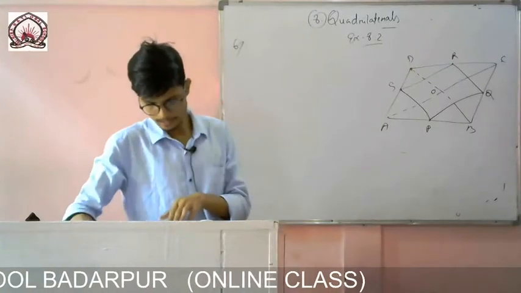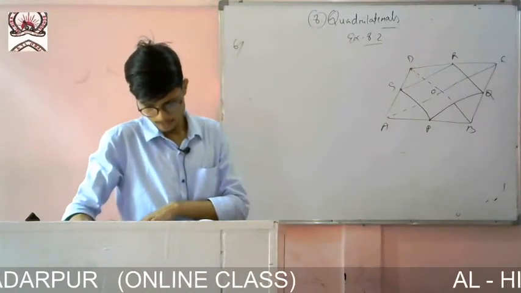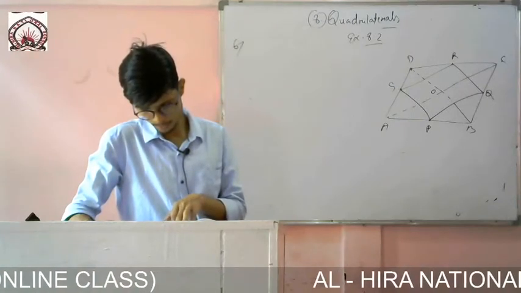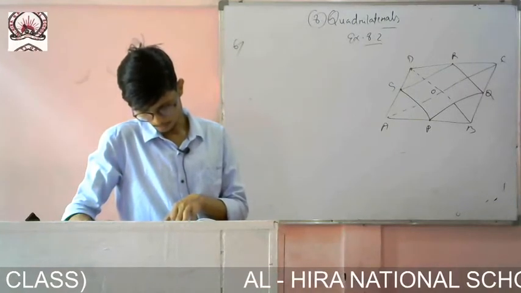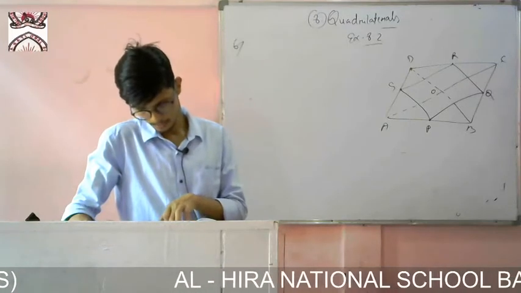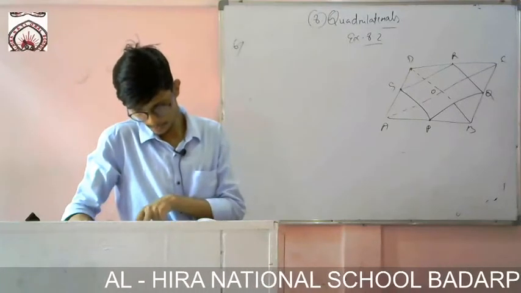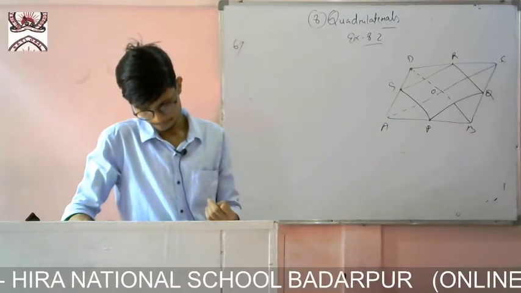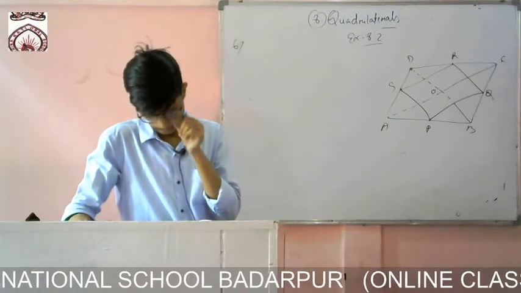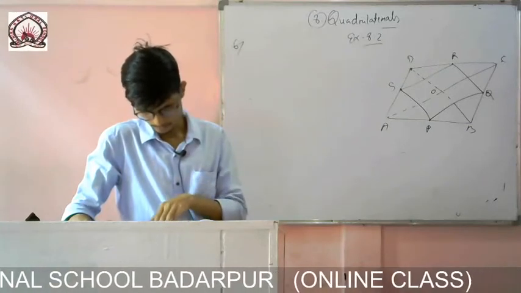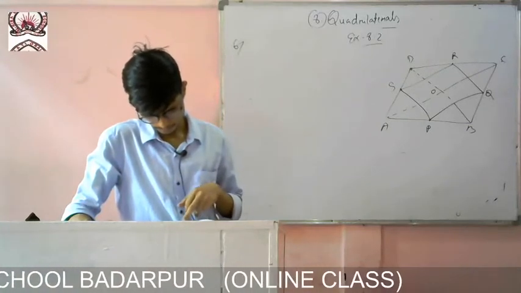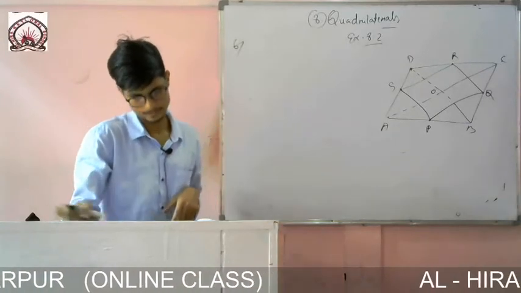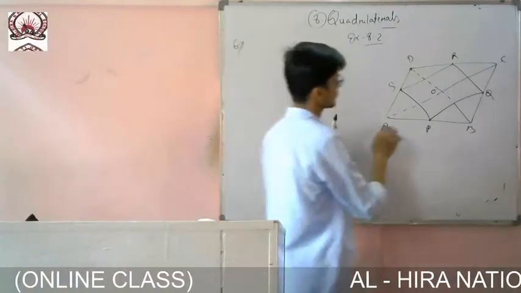What you have to show is that the line segments joining the midpoints of the opposite sides of a quadrilateral bisect each other. The line segment joining the midpoints, not this one.